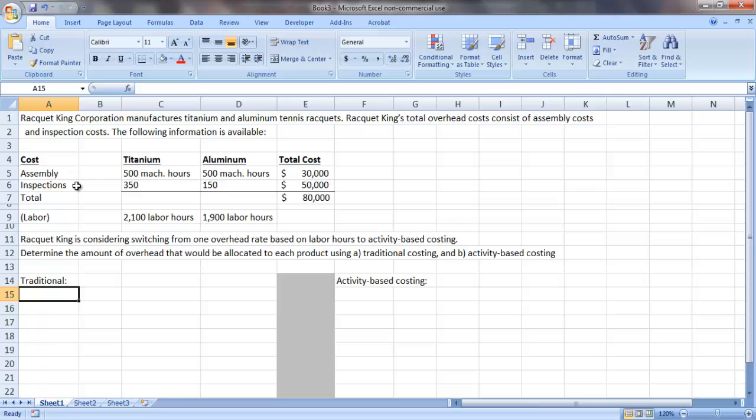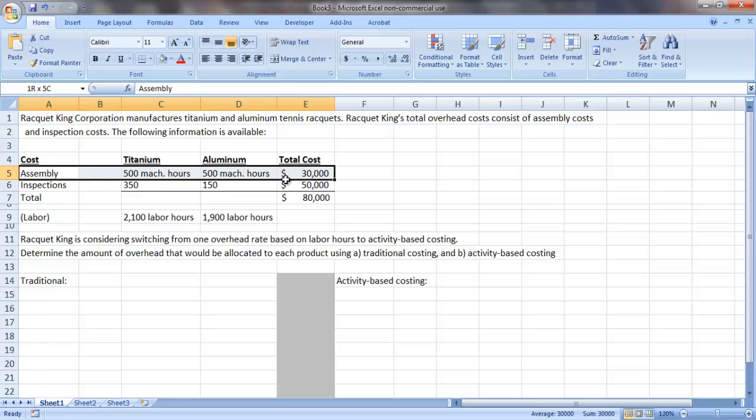In the inspections activity cost pool, there's total manufacturing overhead cost of $50,000 allocated. The titanium racket requires 350 inspections product-wide. The aluminum racket just 150. Total overhead costs for the company are $80,000, just the sum of the two individual activity cost pools.